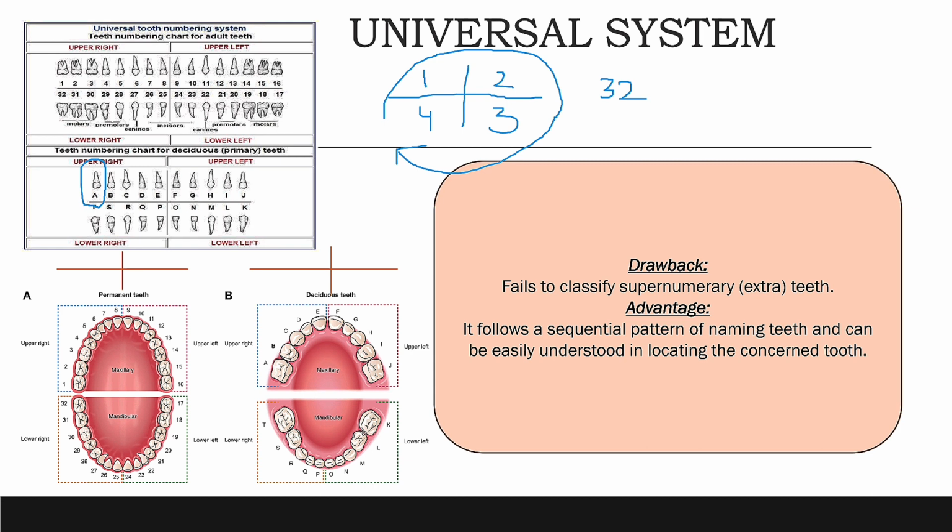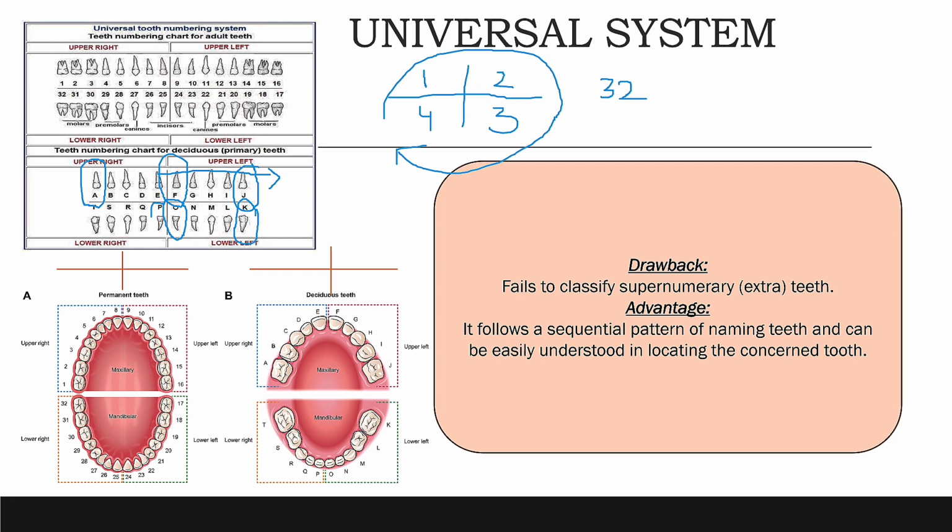Then the first molar is B, canine is C, lateral incisor is D, and central incisor is E. Then the system goes on to the upper left side, central incisor as F, then G, H, I, J to the upper left second molar. Then K to the lower left second molar. This goes on up to the central incisor of the lower left side of deciduous as O.